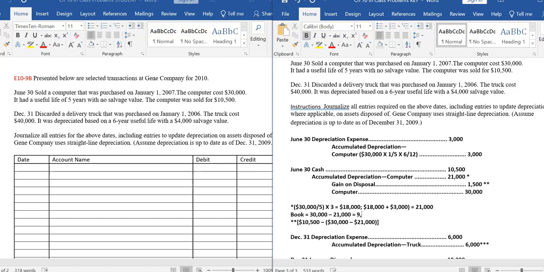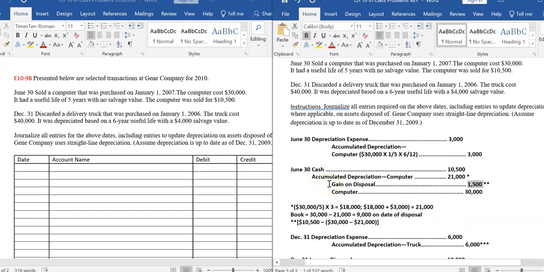It has a book value at the date of disposal of $9,000. That means that we have a gain of $1,500 because we sold an asset that was worth $9,000 to us and we received cash of $10,500. We have a gain.